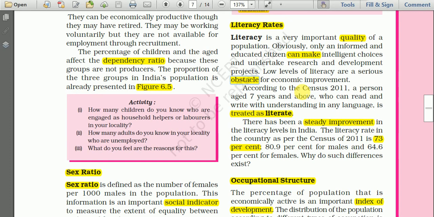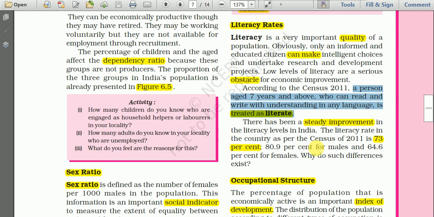According to the 2011 census, a person aged 7 years and above who can read and write with understanding in any language is treated as literate.